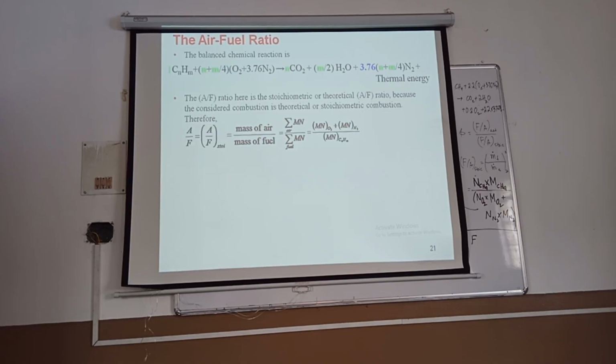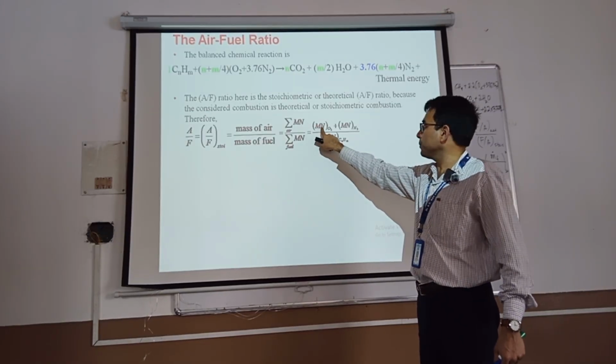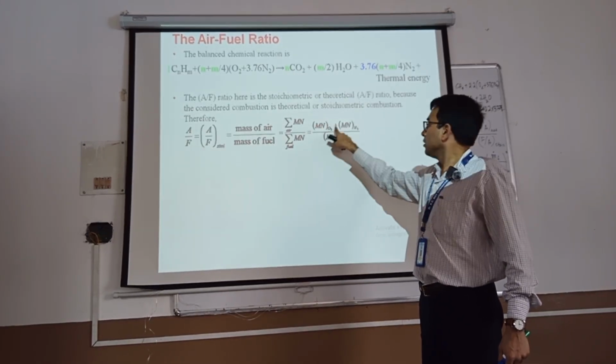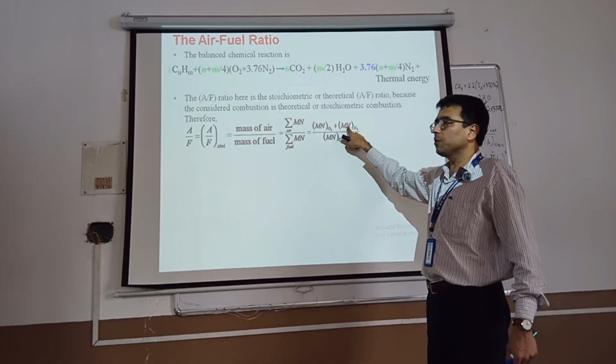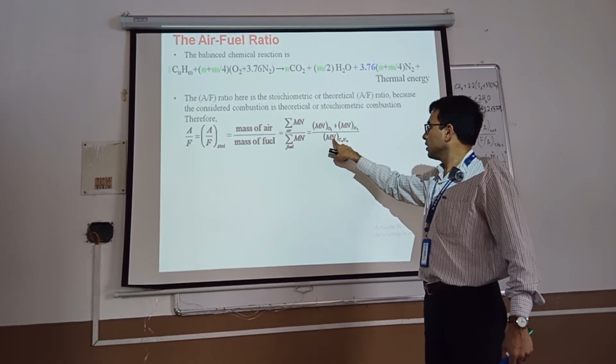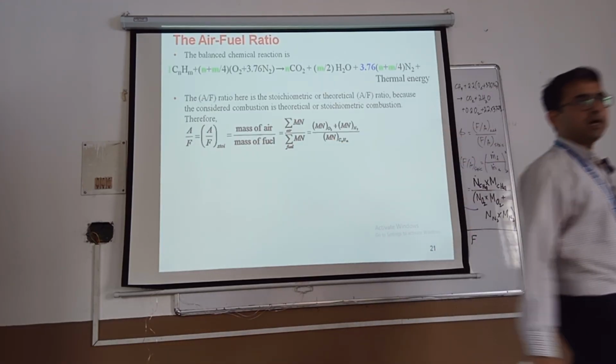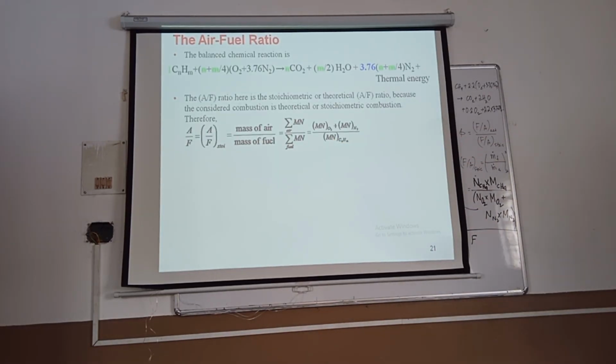So I can write this simply as: molar mass multiplied by number of moles for oxygen plus molar mass multiplied by number of moles for nitrogen, divided by molar mass multiplied by number of moles for CnHm. Right? That is for fuel.